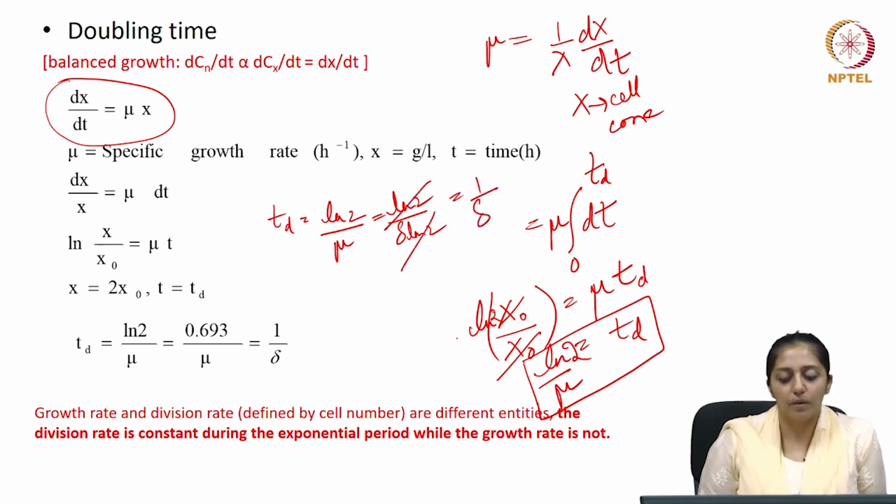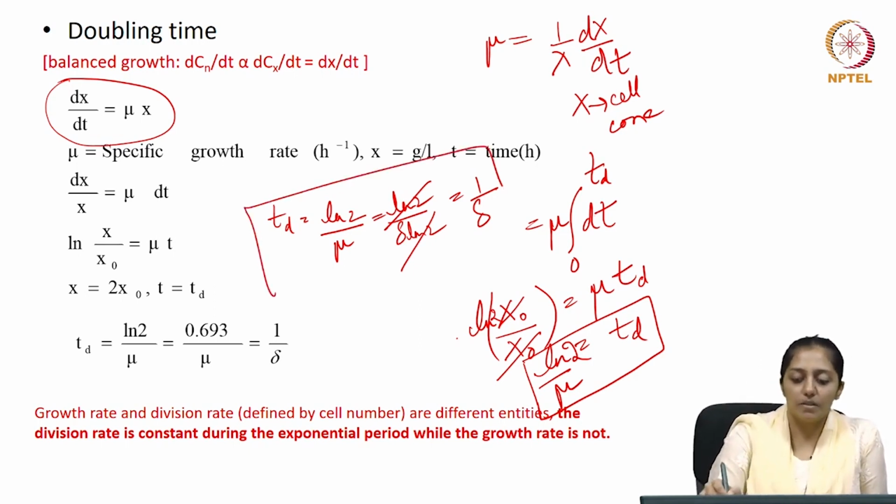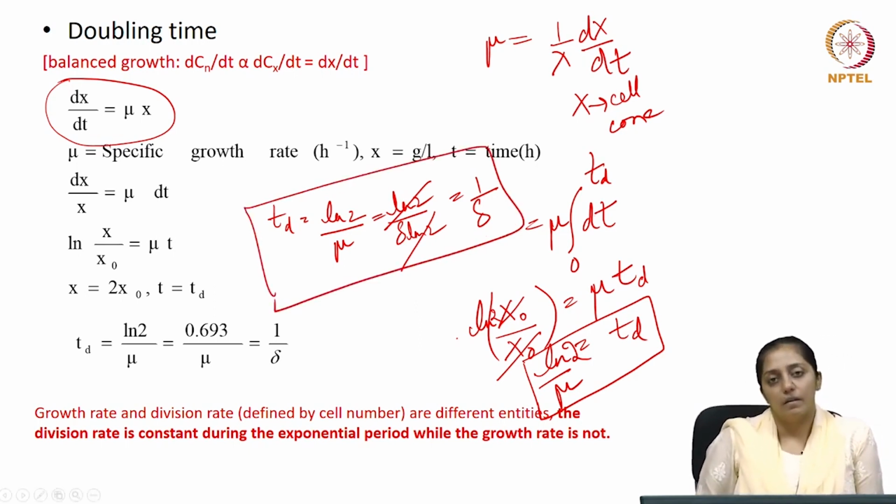So, one can make out that doubling time is the inverse of the division rate. So, the growth rate and division rate, which is defined by cell number, they are different entities, and the division rate is constant during the exponential period while the growth rate is not.